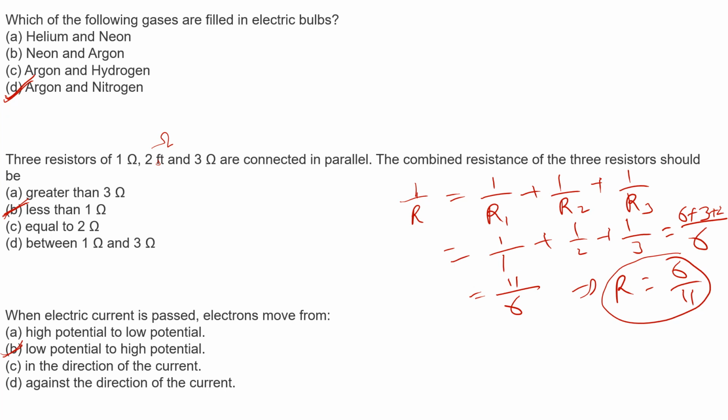Option D is also correct, because electrons move against the direction of the current, but the question is not asking about the direction with respect to the current; it asks from which point to which point the electrons move, right? So option B is the more appropriate answer for this question. So option B is correct, not option D, right?